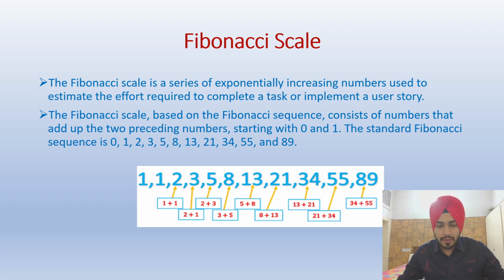Based on the complexity of the user story, we assign these Fibonacci numbers. So this would be the estimate. Usually a sprint is of 2 weeks, that is 14 days, and in most organizations they assign either 1, 2, 3, 5, or 8.